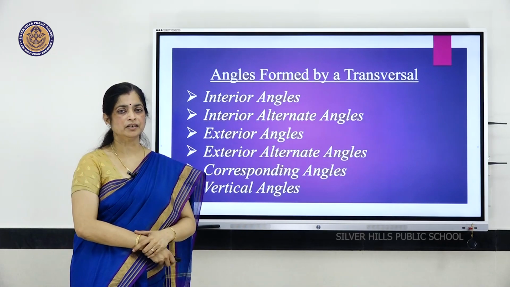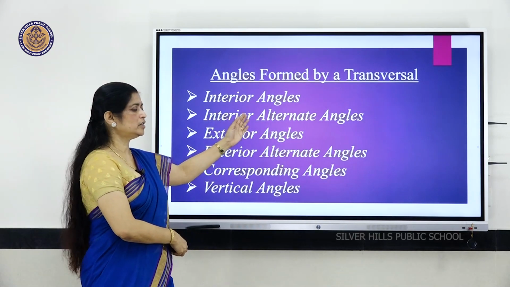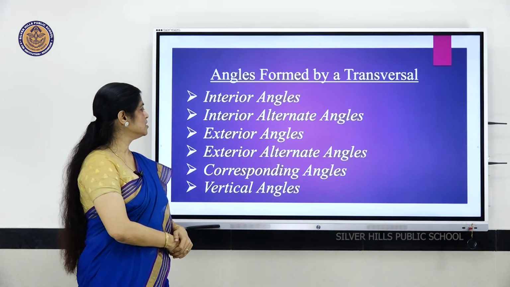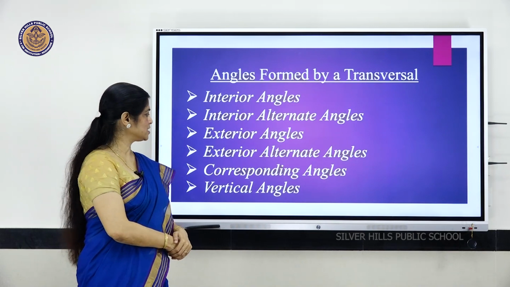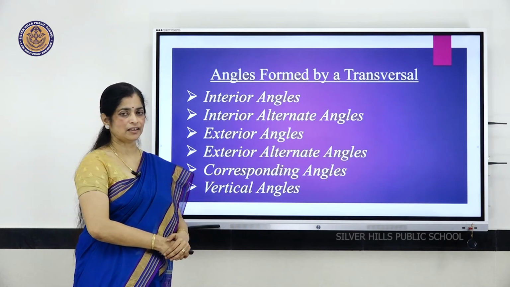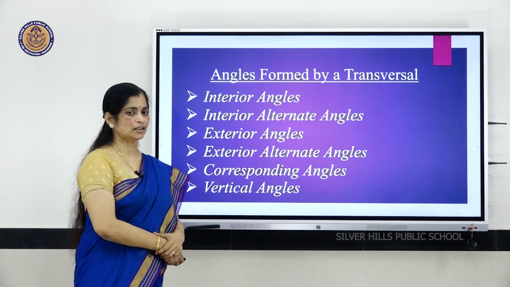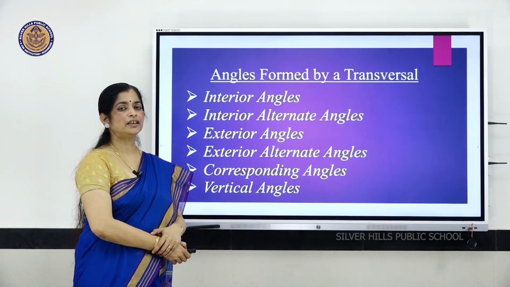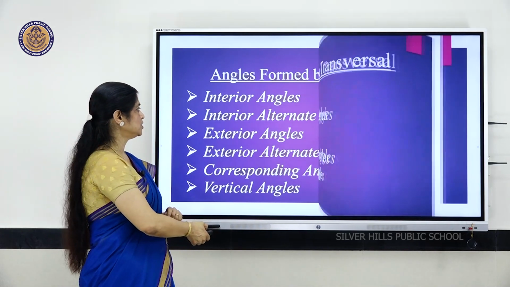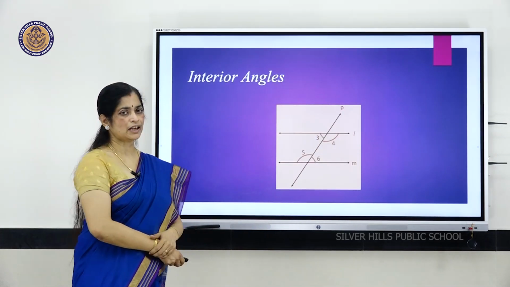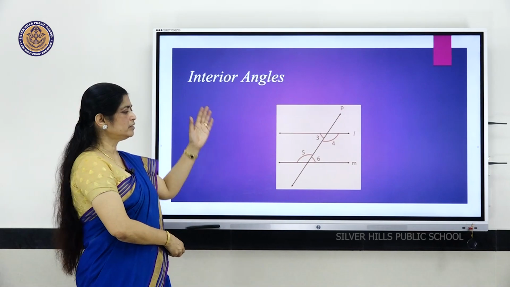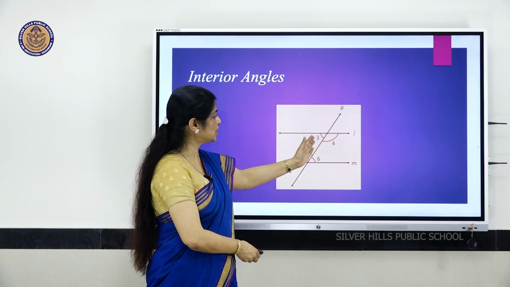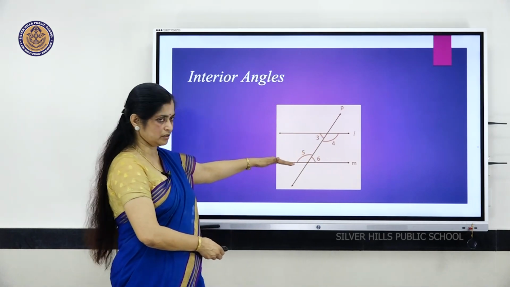Angles formed by a transversal: interior angles, interior alternate angles, exterior angles, exterior alternate angles, corresponding angles and vertically opposite angles. Let us study them in detail. First one is the interior angle. The word interior means it is inside. Look at the angles which are inside the two lines.